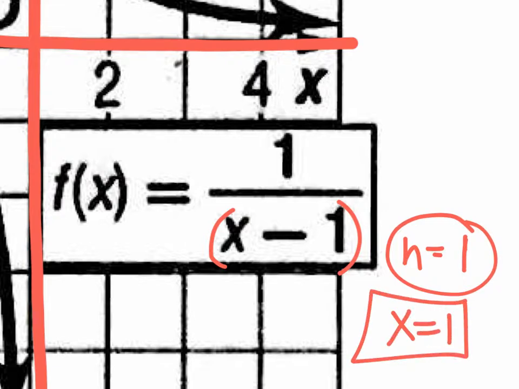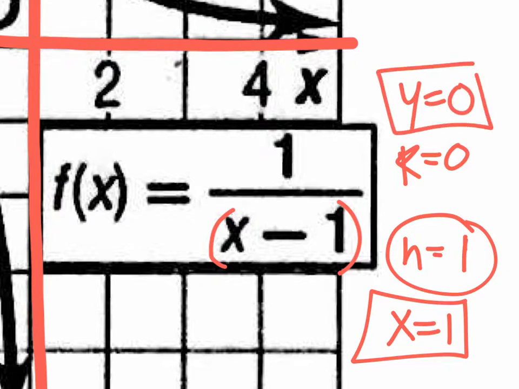Now, what's the k value of this whole function? Do you have plus some number or minus some number at the very end? You have your fraction. Do you have plus k or minus k out here? No. So your k value is 0. That's right, k equals 0. And that is your horizontal asymptote, so you would say y equals 0.